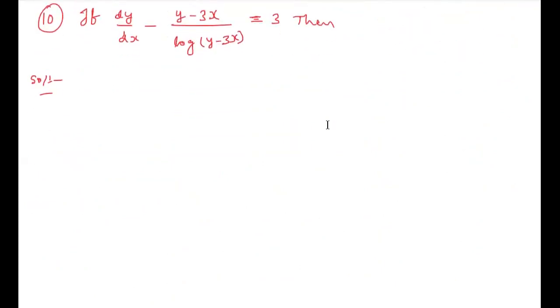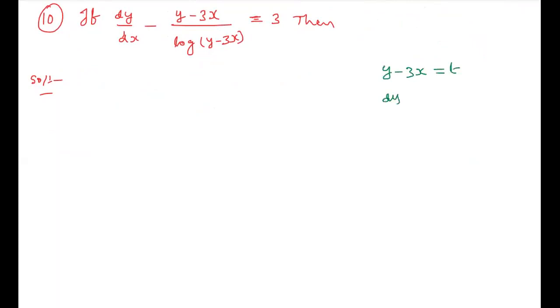Next, I'm going to another question. This is differential equation related. Is it the variable separable method or homogeneous? No, a logarithm is there, so do one thing. Take y minus 3x as t.